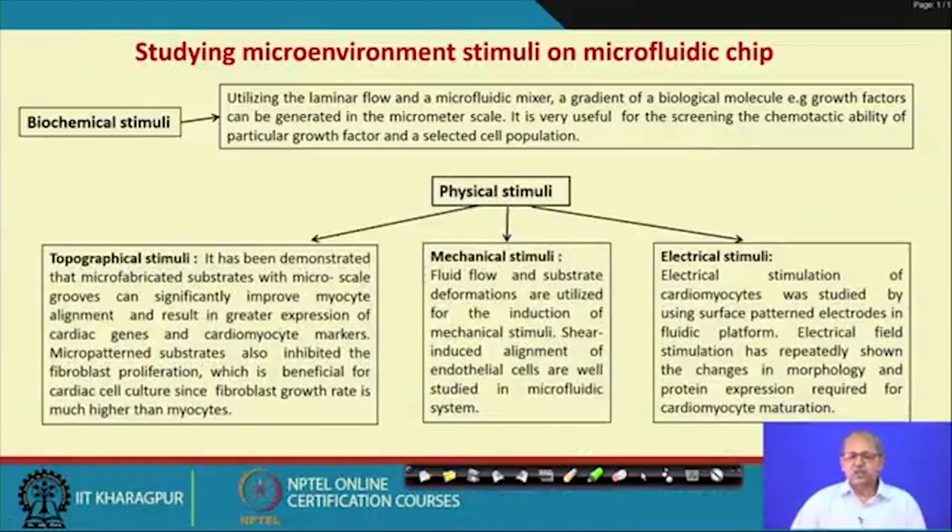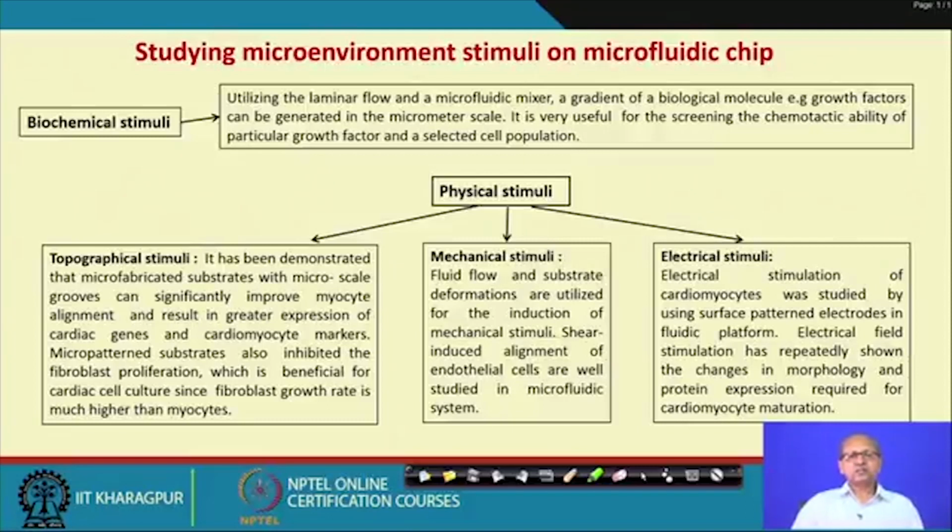And physical stimuli are of different types: topographical stimuli, mechanical stimuli and electrical stimuli. In the topographical stimuli, you can design the topography of the cell culture vessel, and according to the topography where the cell will be adhering and growing, the cell behavior will change.